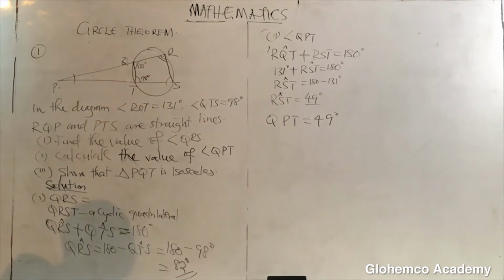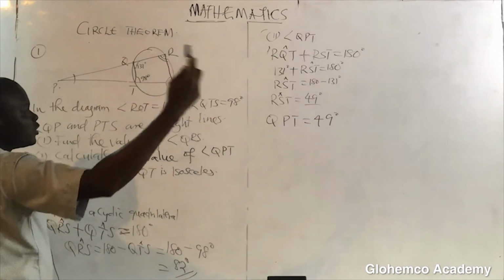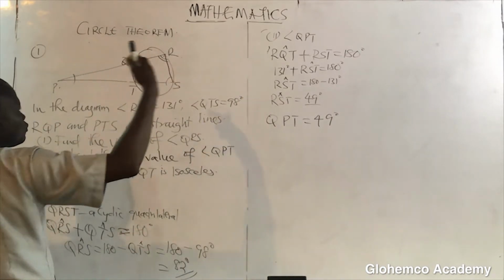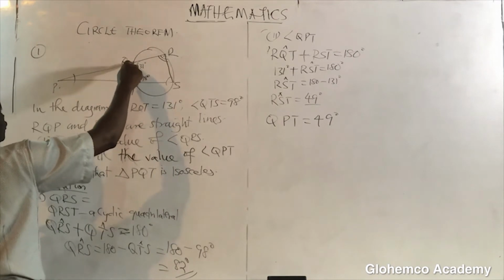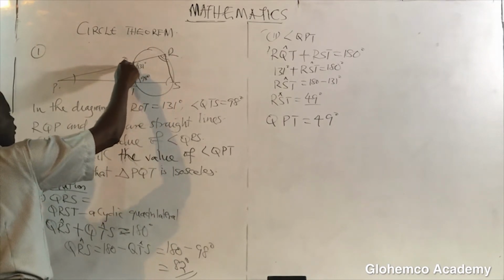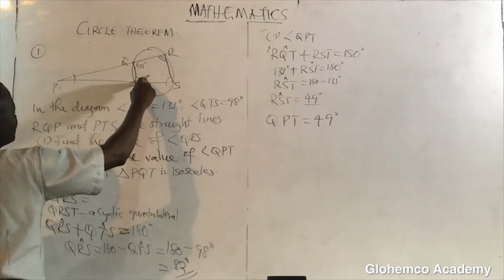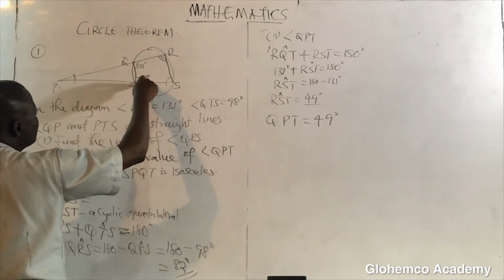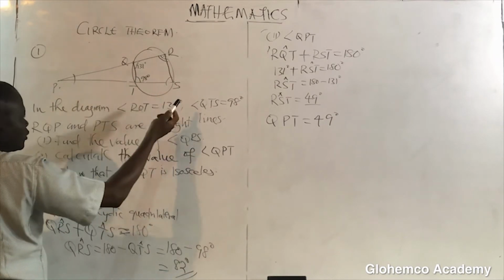That's another alternative way of doing it. Once you know that this is a straight line, the angle on the straight line is equal to 180 degrees. You know one of the angles to be 131, the other angle will be 180 minus 131. This is 98. Subtract 98 from 180, whatever you have here will be the other one, being an angle on the straight line.